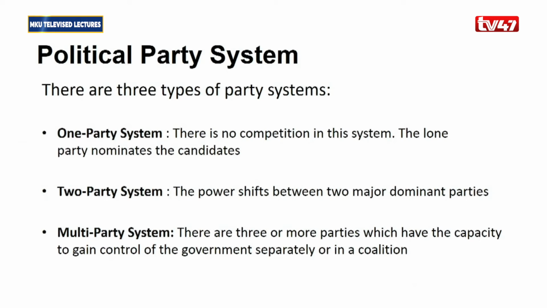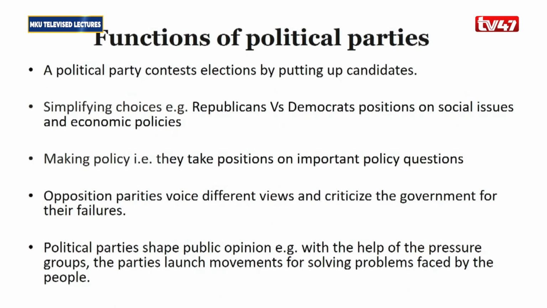So according to Western democracies, or in capitalist societies, you will always find that there are several political parties. Having looked at the political party system, I want us now to move and look at the functions or the key roles of political parties.